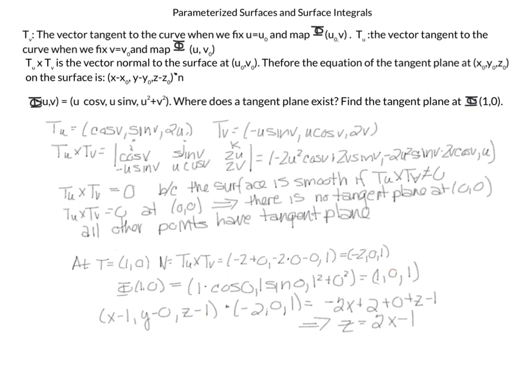I dot it with my normal and set it equal to 0, and that tells me minus 2 times (x minus 1), plus 0 times y, plus 1 times (z minus 1) is equal to 0, which means that z is equal to 2x minus 1, and that will be my tangent plane.